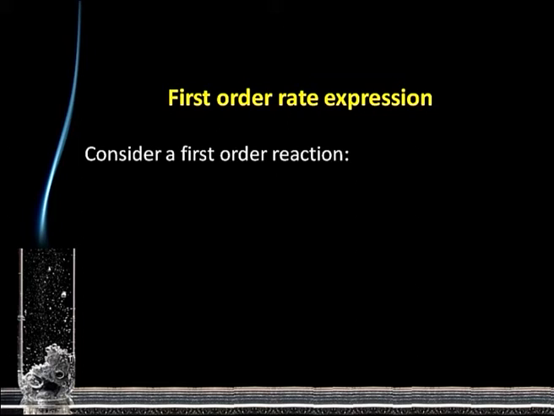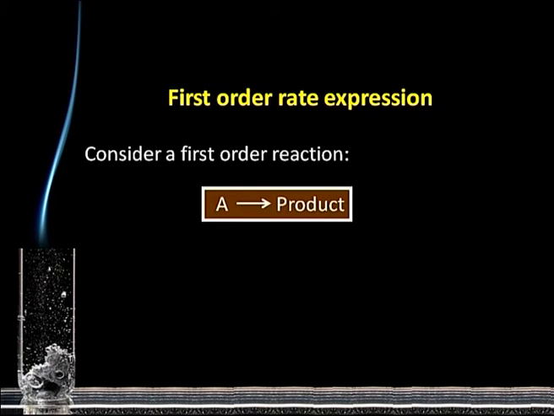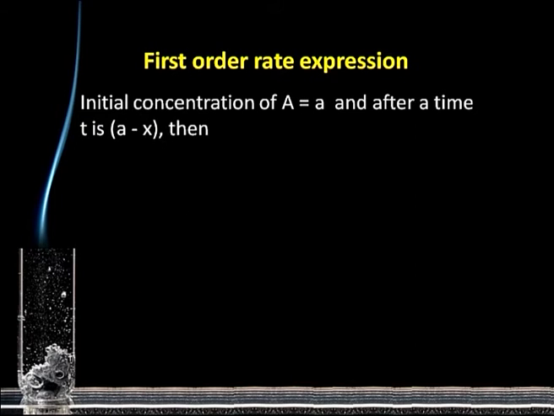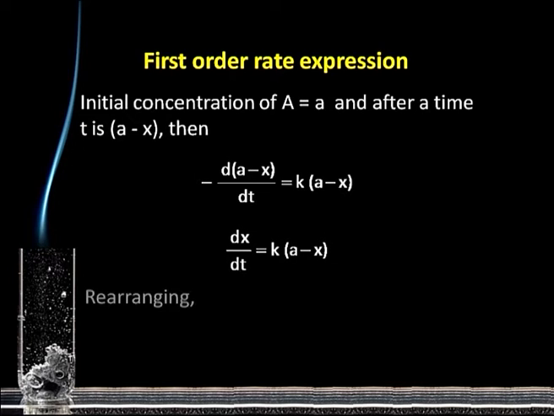Consider a first order reaction, A giving you products, rate R is equal to minus dA by dt is equal to k into A. If we put the concentration of A to be A minus x after a time t, where x is the amount of A that has reacted in time t, then we can write the differential equation minus d(A minus x) by dt is equal to k into (A minus x), and after a sequence of steps we rearrange it to get it in the form which can be easily integrated.